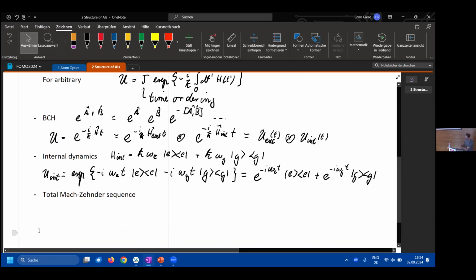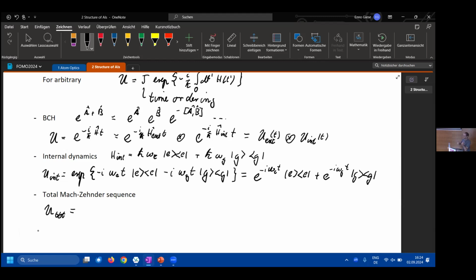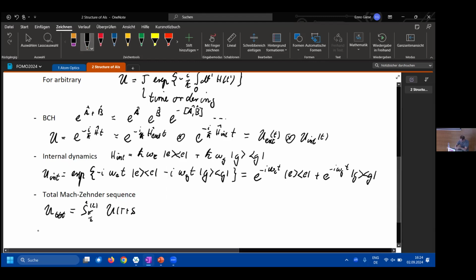Well, my time evolution now can be stitched together, and that is an exact description, of course, except within our approximations. So we have this pi half pulse as pulse 2, a unitary time evolution between those pulses for a time capital T plus delta t.